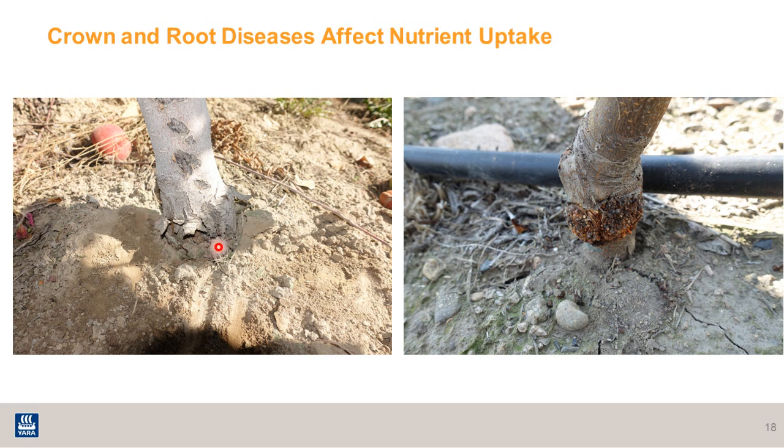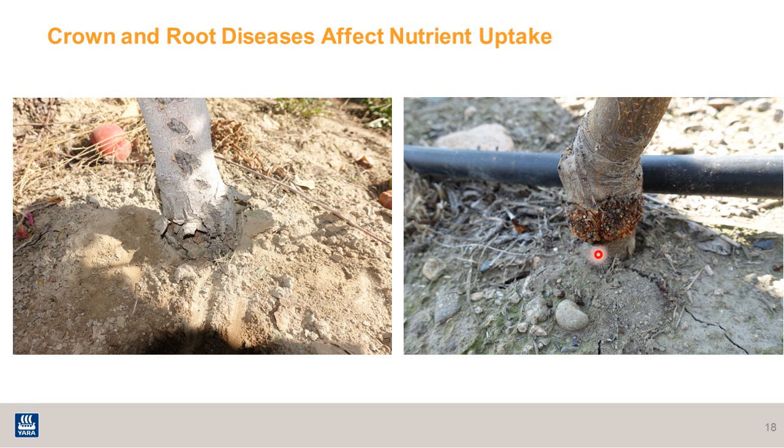This crown rot can be caused by overwatering. It can also be caused by a pathogen present that is able to get into wounds of the plants, and an overwatering situation definitely does not help with this crown rot. Then we have this crown gall that is very prevalent in Washington State.